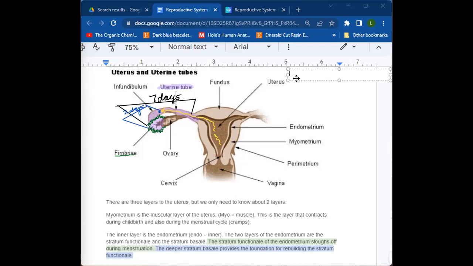Okay, so we need to know that fertilization occurs in the fallopian tube. You can actually try to remember that the F in fertilization is F for fallopian tube.